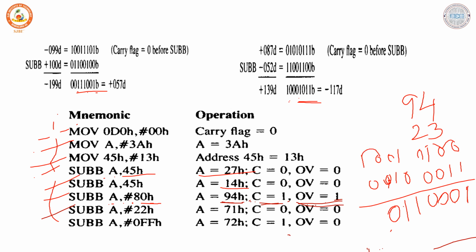No, just a second, here I have to take a borrow. So in that situation, 0 minus 1, 2 minus 1, 1, then here 1 is there, right? So this becomes 1 and this is 0, so totally it is now 71, right? So the result is now 71, which will be stored in the accumulator. Similarly, when I perform with an FF, let us see what happens with this.